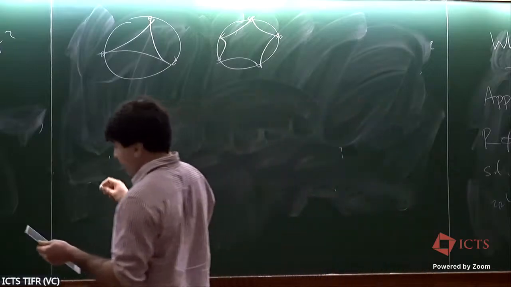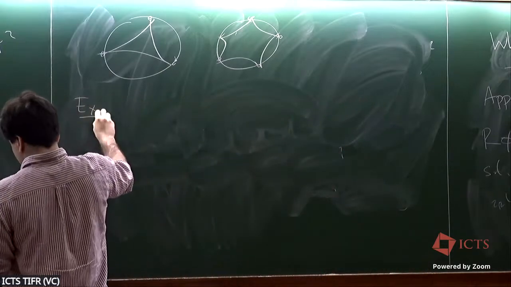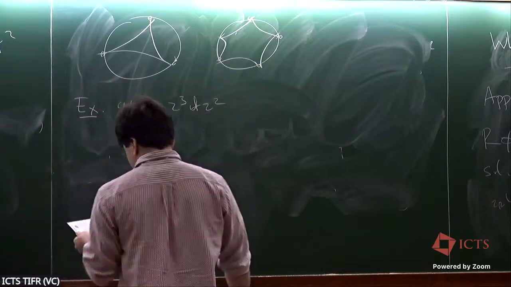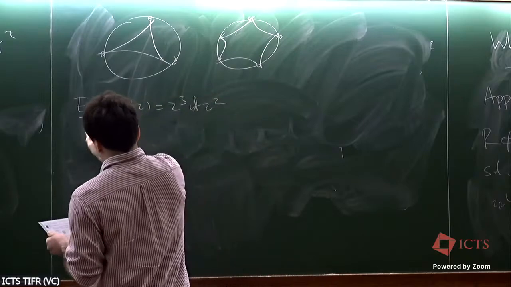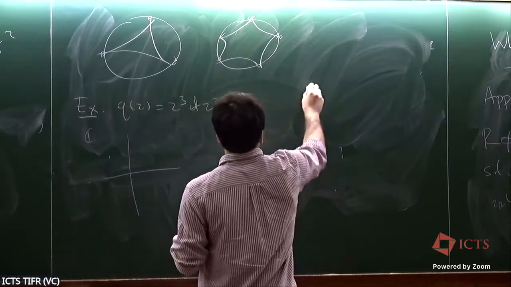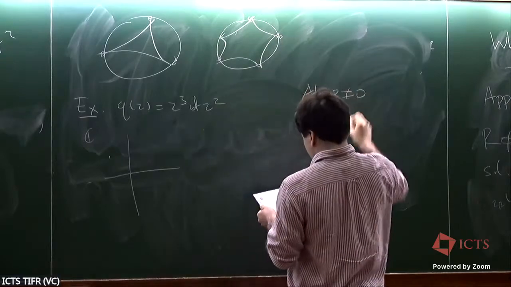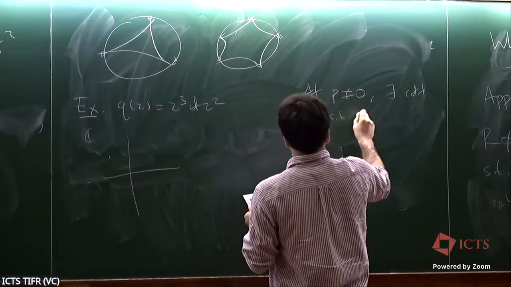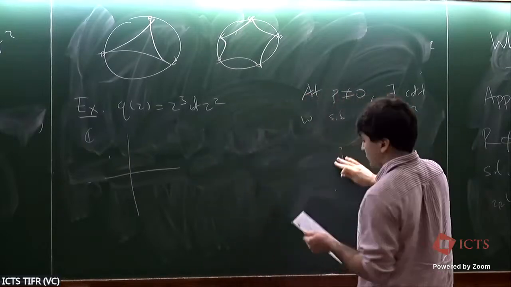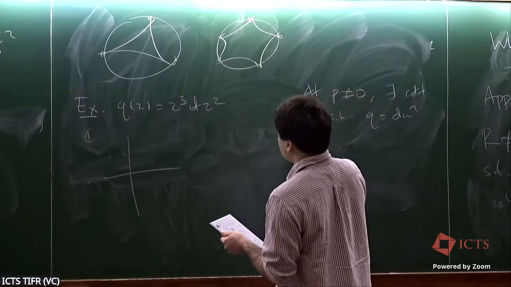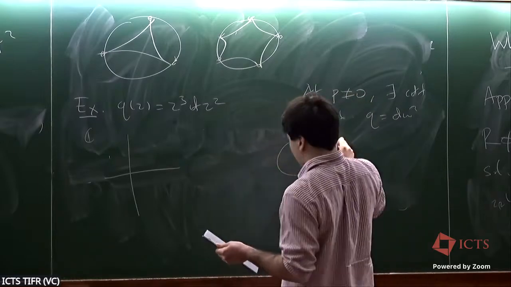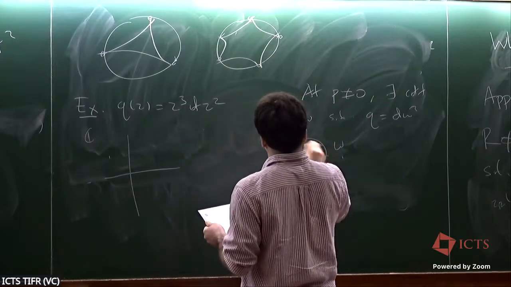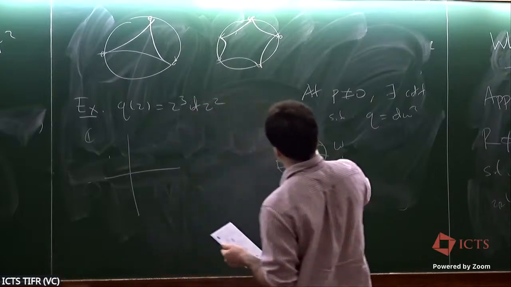Okay, so let's give some idea why this is true. So let's take Q(z) equal to z cubed dz squared. So here's C. And at a point p not equal to 0, we can find a coordinate, let's say w, such that Q is equal to dw squared. We can always change our coordinates in this way. So here's my w coordinate. And I'll draw the horizontal curves in yellow and the vertical curves in blue.